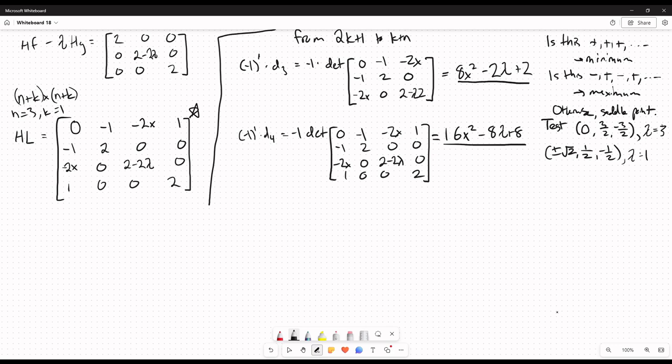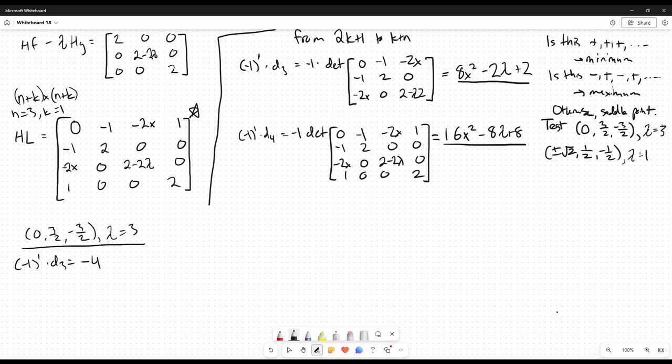And let's go ahead and see what we get. So for 0, 3 halves, -3 halves, lambda equals 3. This sequence is going to look like -1 to the 1 times d3. It's going to equal 0 minus 6 plus 2. So that's going to be -4.